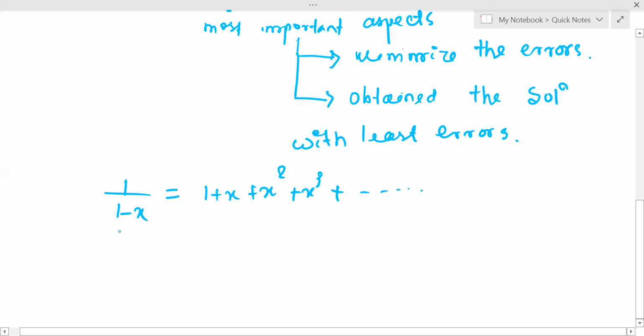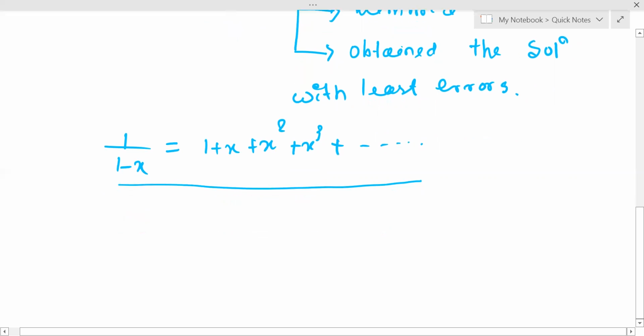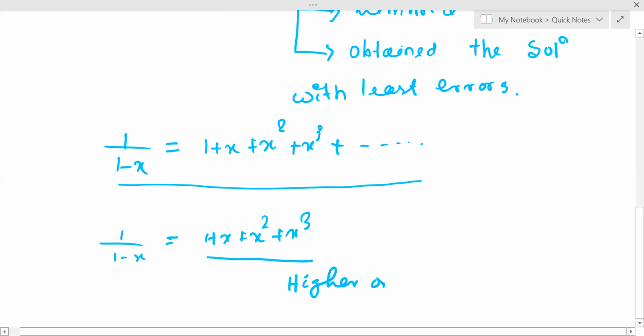This is the original expansion by Taylor series method of 1 by 1 minus x. But when we consider 1 by 1 minus x up to the third degree, 1 plus x plus x square plus x cube, the remaining higher order terms are neglected.